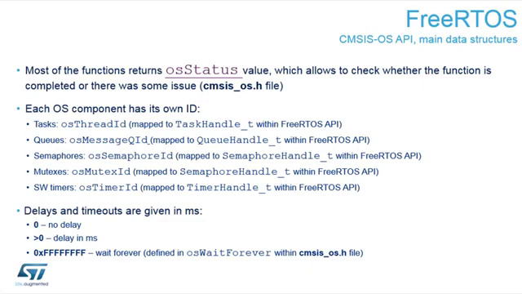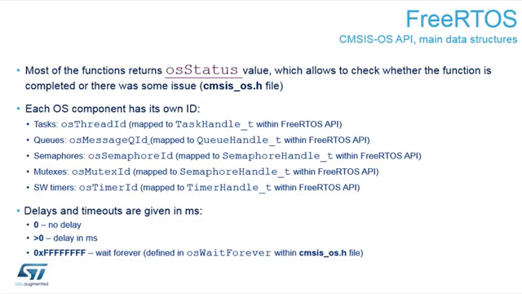For example, if you don't implement a memory overflow hook, when you request a new chunk of heap memory, the function will return a null pointer, and it will also give you the return status that it failed. So if you test for the return status, you know that you should not proceed with your function because there is no memory allocated. That's where the OS status can be helpful.